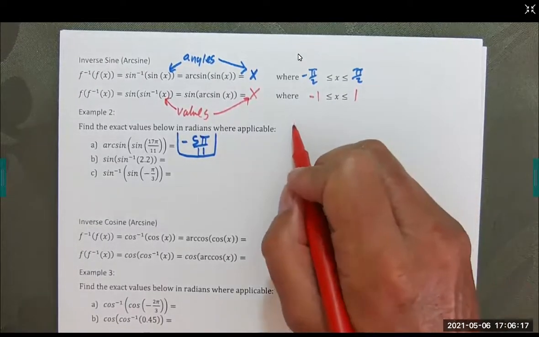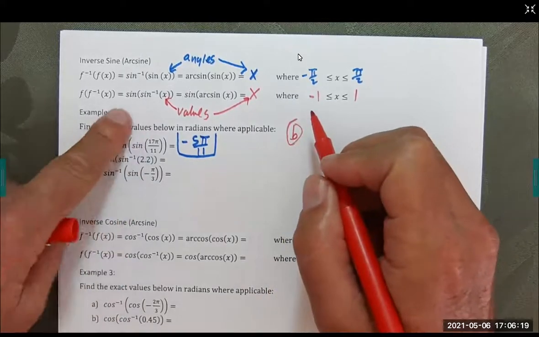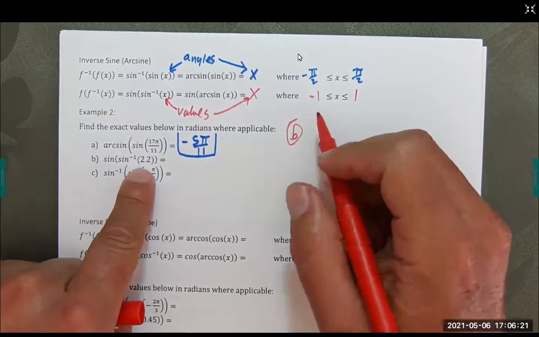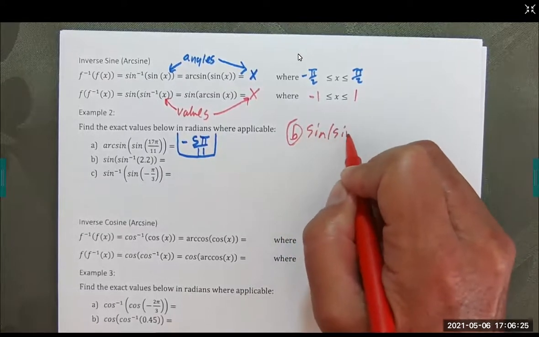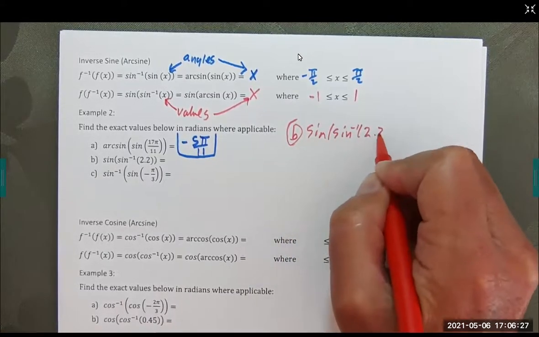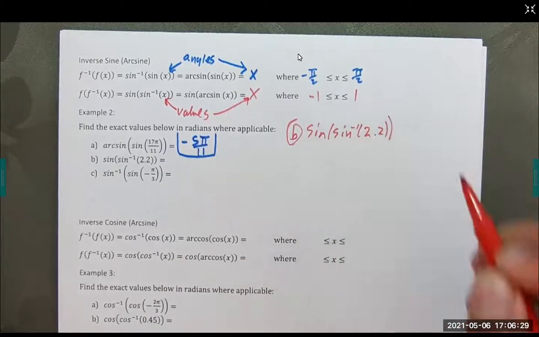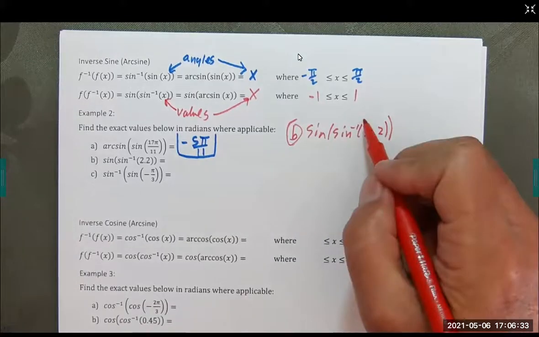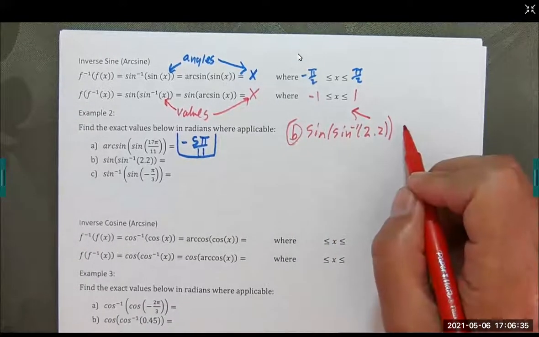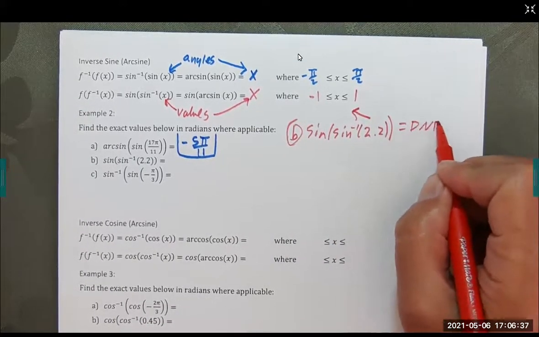B is this type, where we have sine of inverse sine. Well, very nicely, we would be able to just cancel that out. However, this number here is not between negative 1 and 1. So this one does not exist.